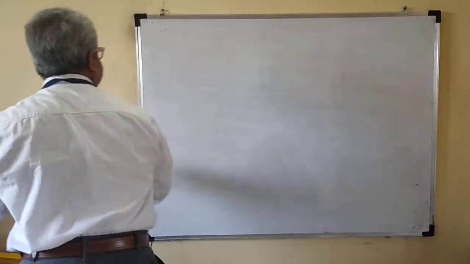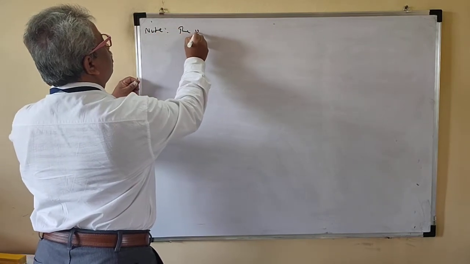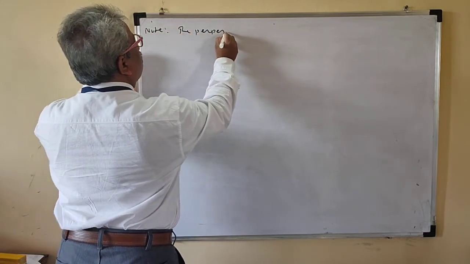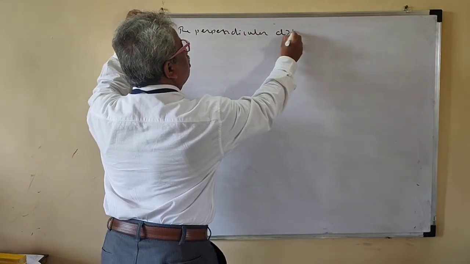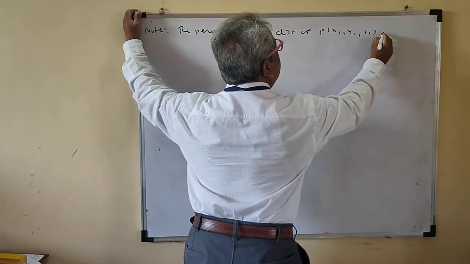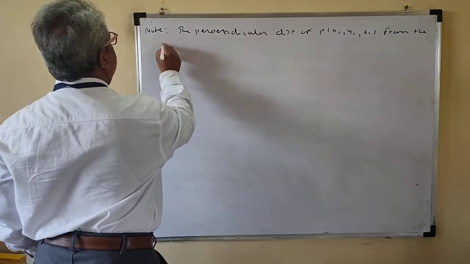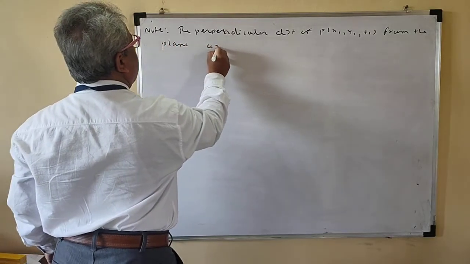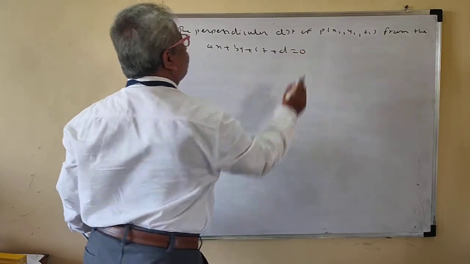Note: the perpendicular distance of P(x1, y1, z1) from the plane ax plus by plus cz plus d is equal to 0.